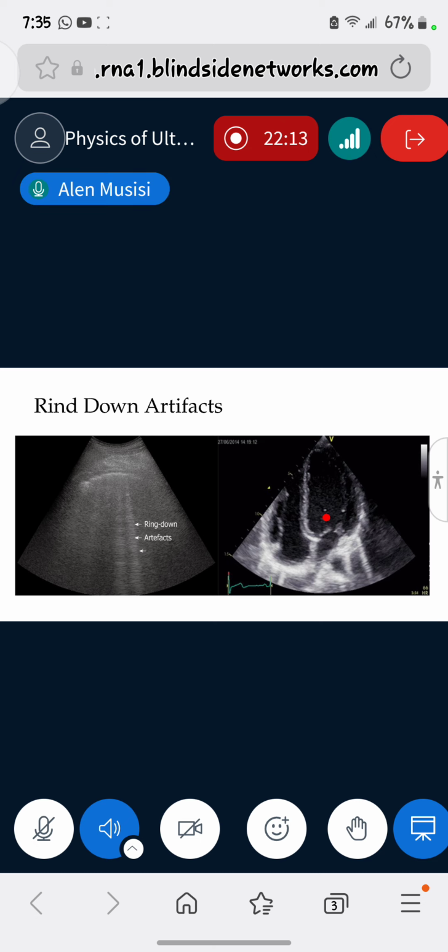So you normally see them around the pleural line because of the lung tissue that is having some gas bubbles. You see them around the lung. You see them in the bowels, which have gases, and anywhere else where you can find gas, you can see these ring down artifacts.